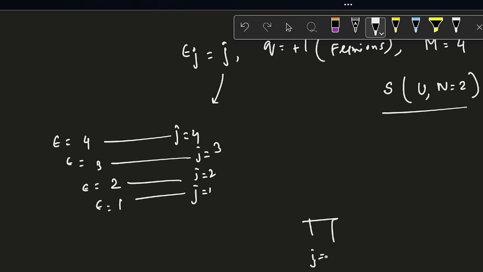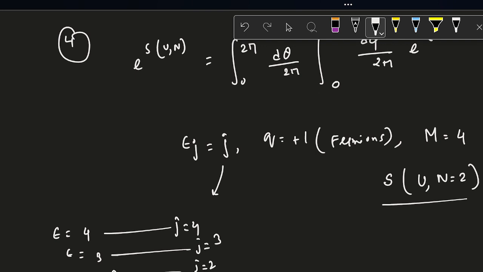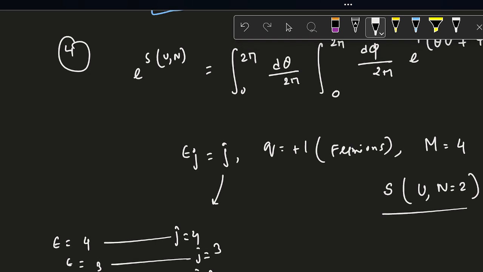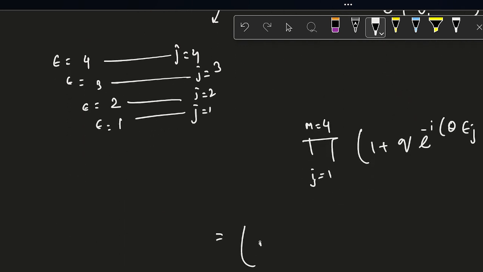It is the product over j from 1 to m equal to 4 of 1 plus q e to the power of minus i(theta epsilon j plus phi), to the power of q. So first let us put the q value of 1, then e to the power of minus i(theta epsilon j plus phi), with epsilon j equal to j as mentioned in the problem, then again q value as 1.